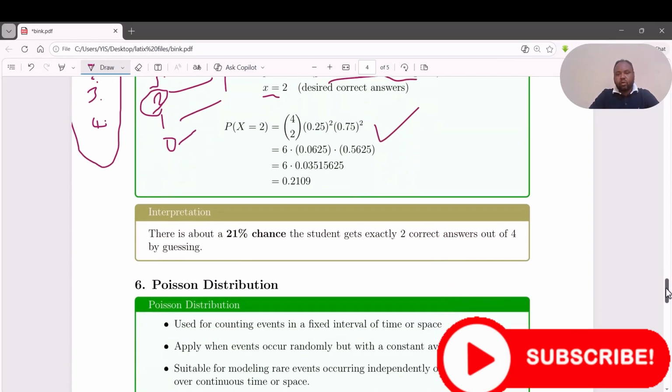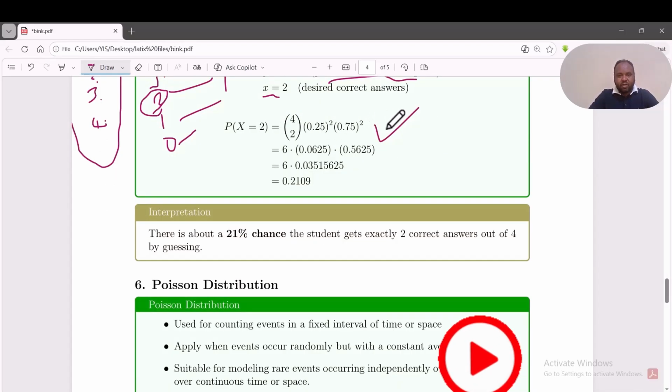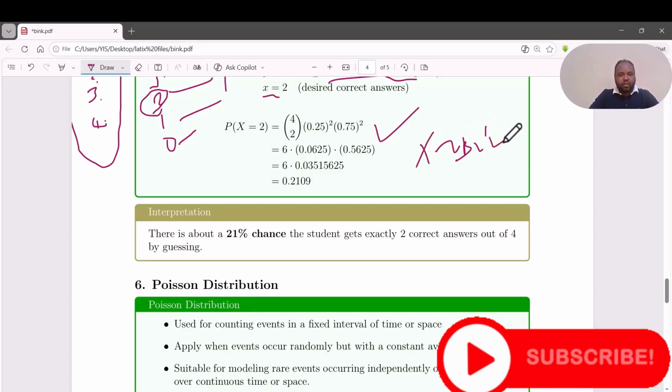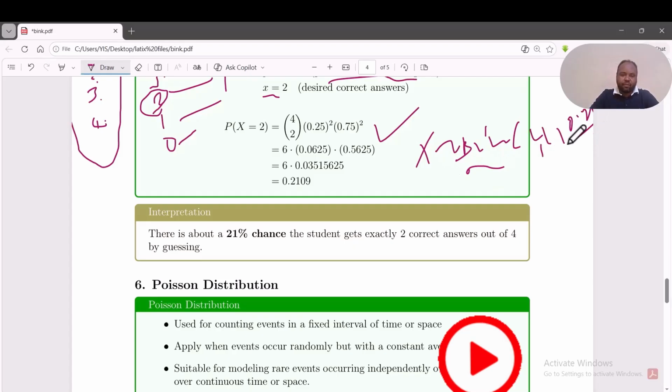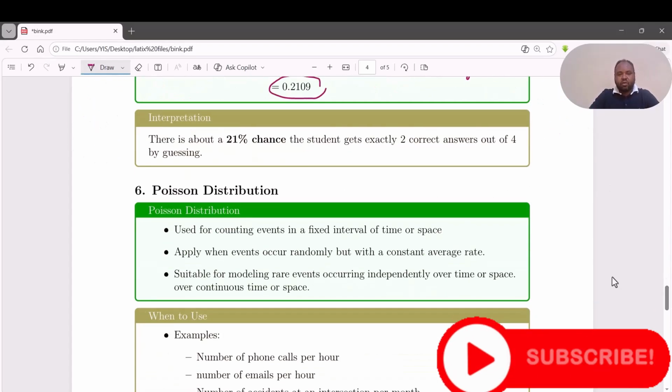Then we simply substitute into the probability mass function of the binomial distribution, where X is binomial with 4 trials and probability 0.5. Therefore, we come up with this result. So there is about a 21% chance the student gets exactly 2 correct answers out of 4 by guessing.